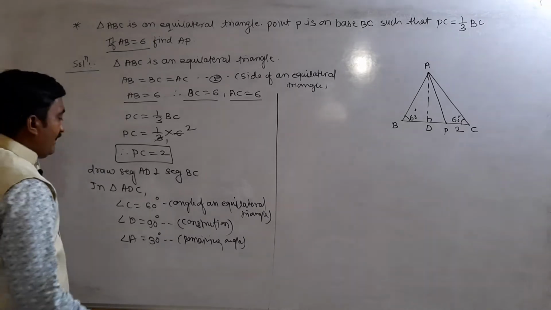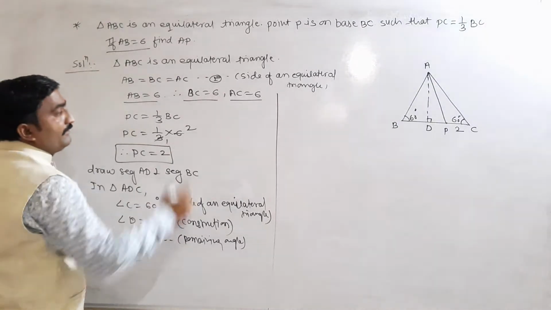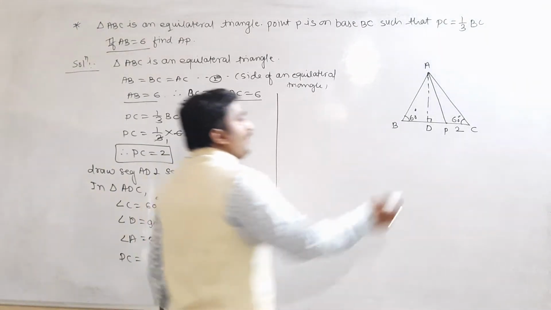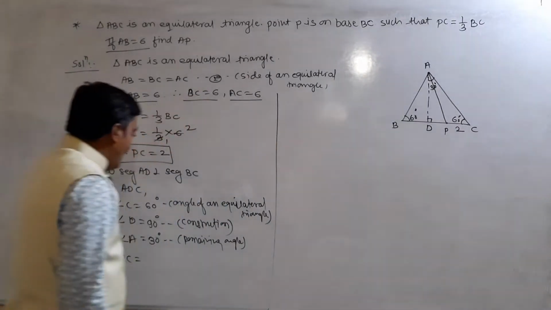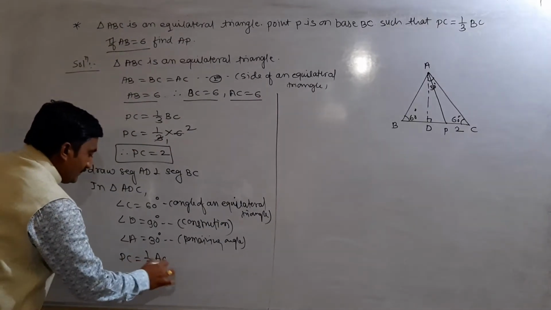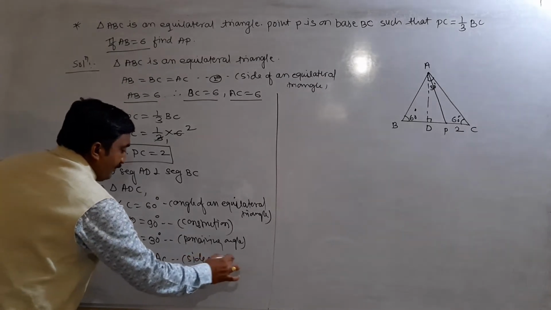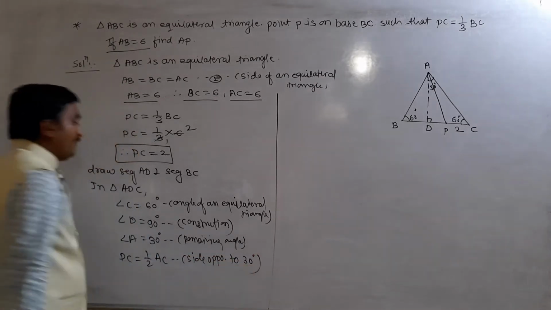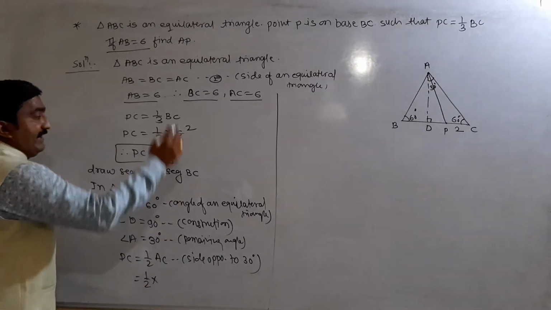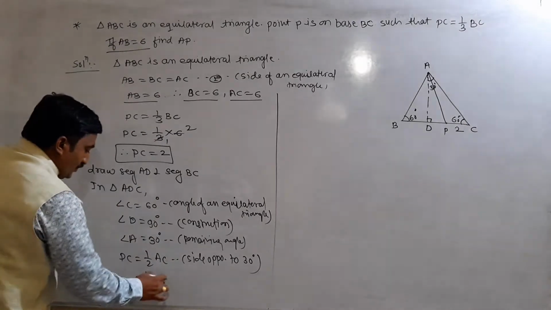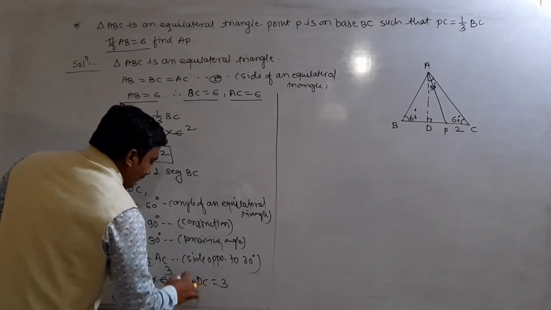So DC is equal to, we know this angle is 30 degrees, so DC is equal to 1 by 2 AC, the side opposite to the 30 degree. So 1 by 2 into AC, value of AC is 6. Therefore, DC is equal to 3.